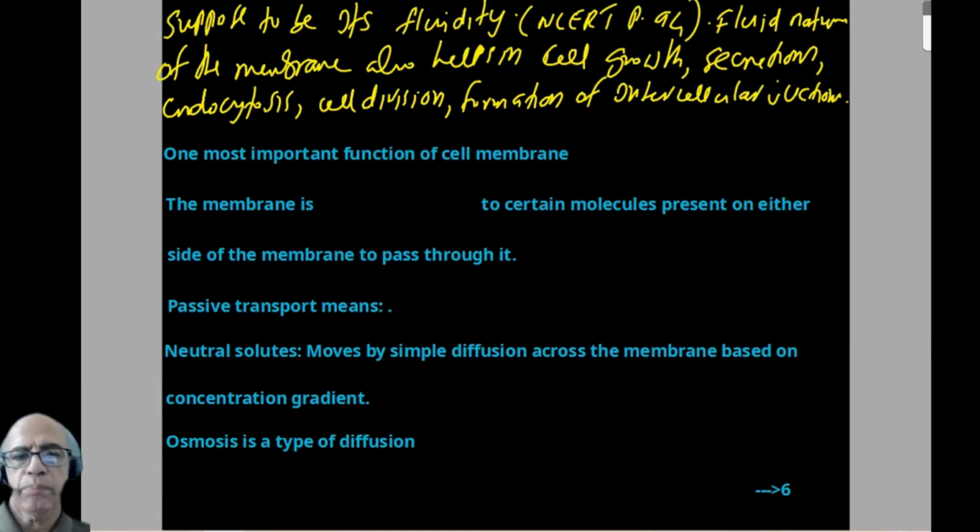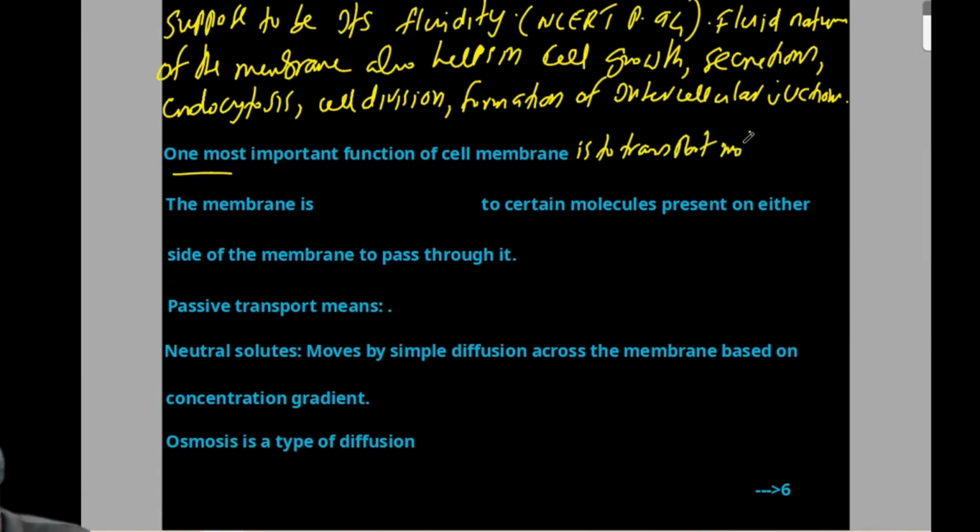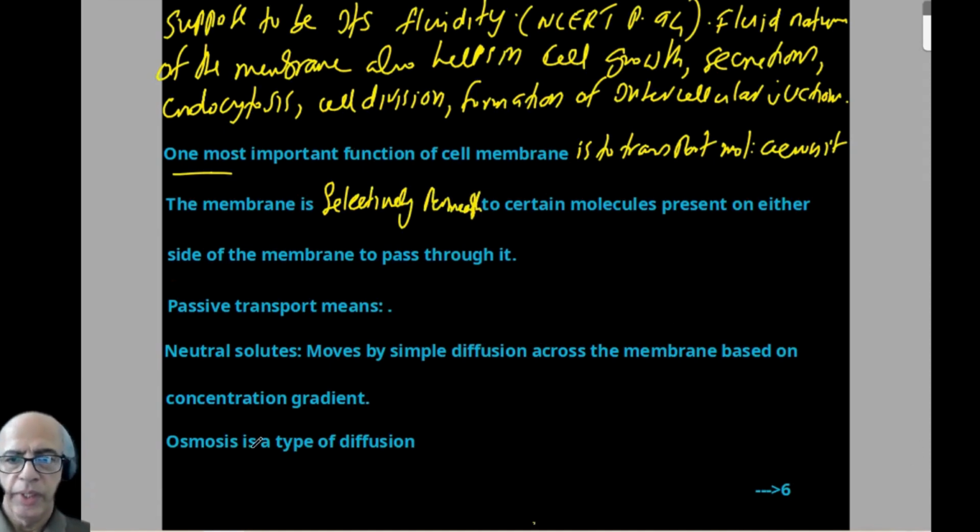Then, one most important function of the cell membrane is to transport, conduct. There's another function, to transport molecules across it. For this conduction, the membrane is selectively permeable, an important term, selectively permeable to certain molecules present on either side of the membrane to pass through it.